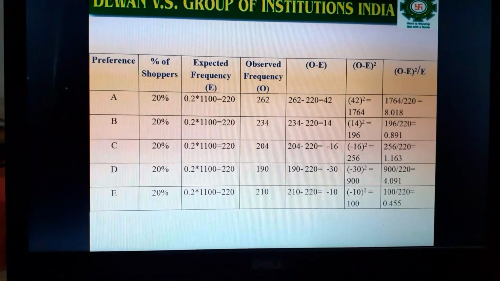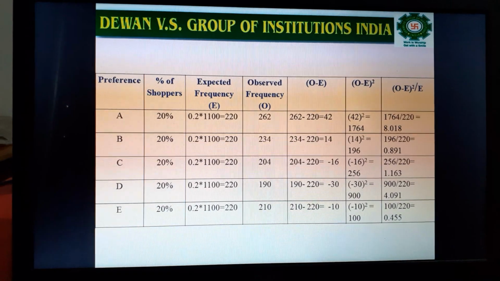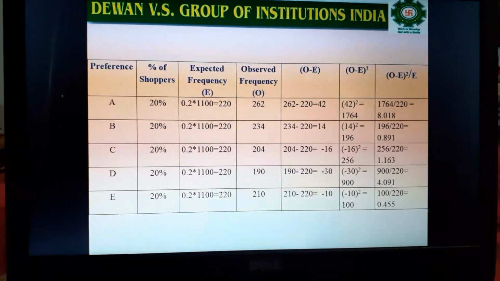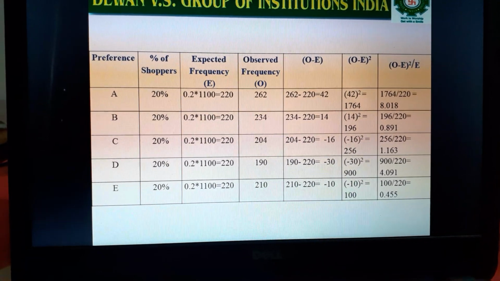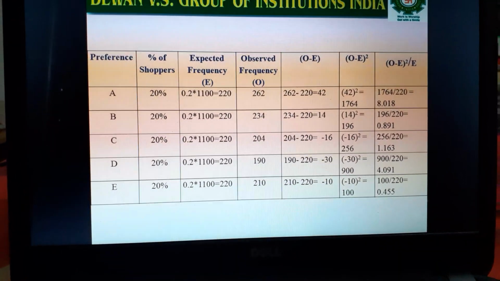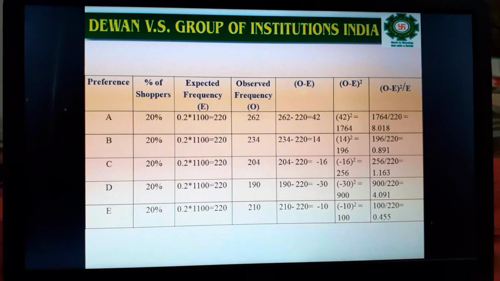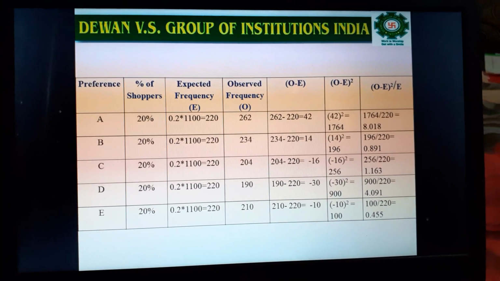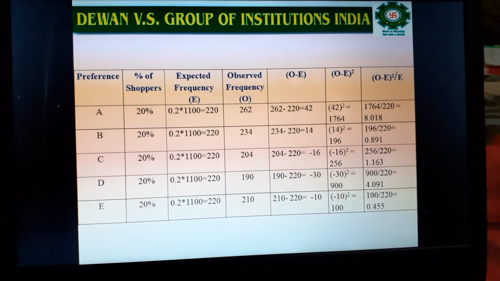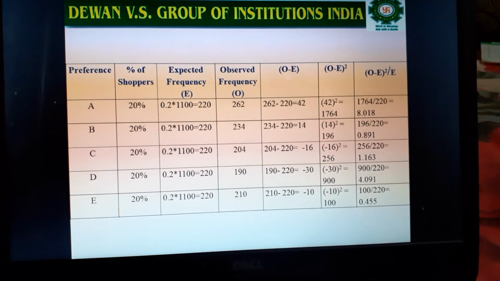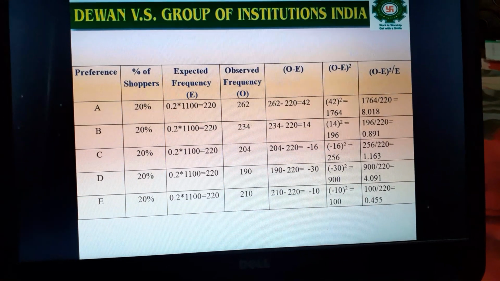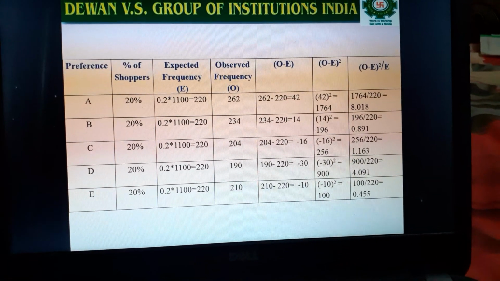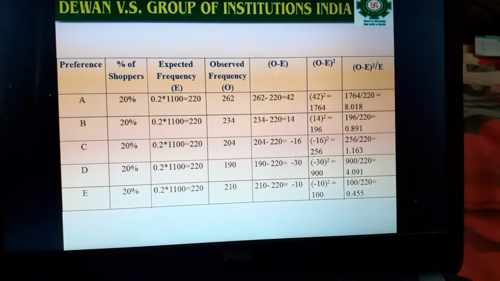We have designed the table as per the requirement of the formula. As we have already discussed, the preference level of all the departmental stores A, B, C, D and E is 20%, so the expected frequency is equal for all, that is 220, and the observed frequency is already given in the question. For departmental store A, the difference between observed and expected frequency is 262 minus 220, equal to 42.